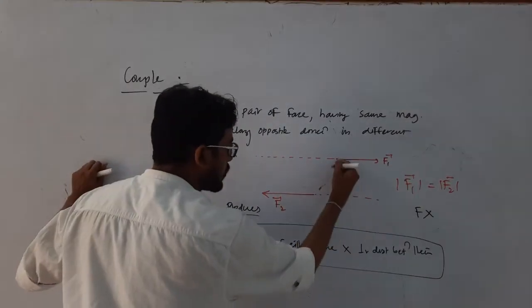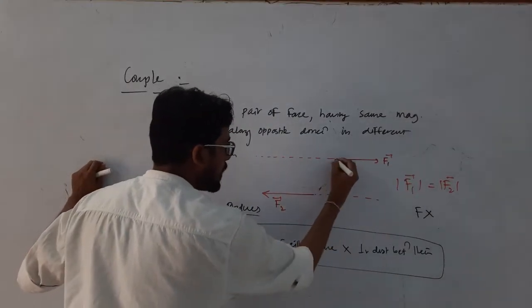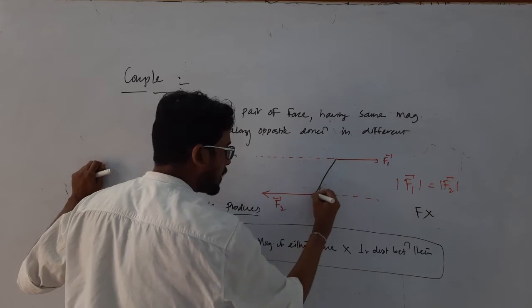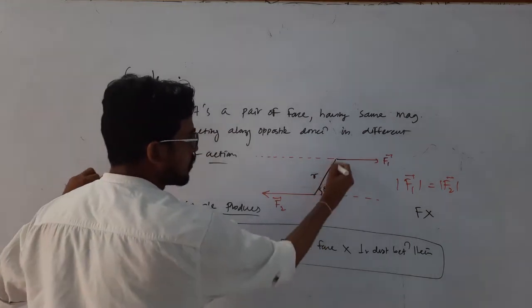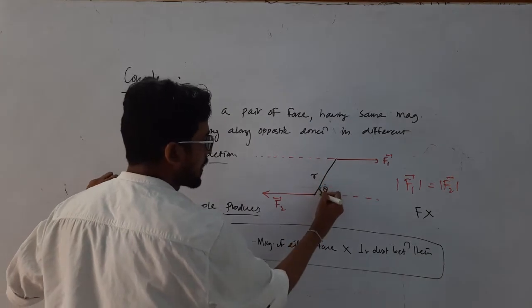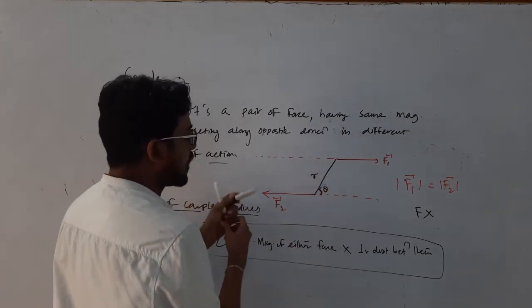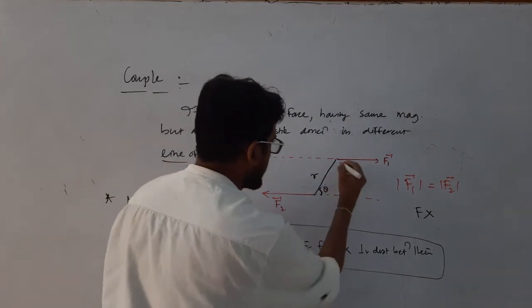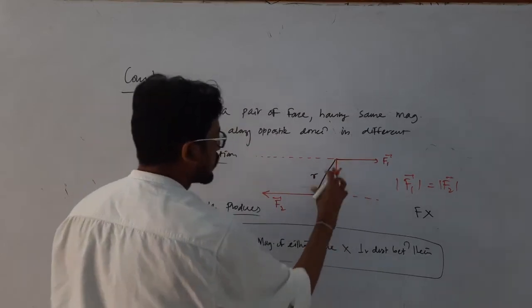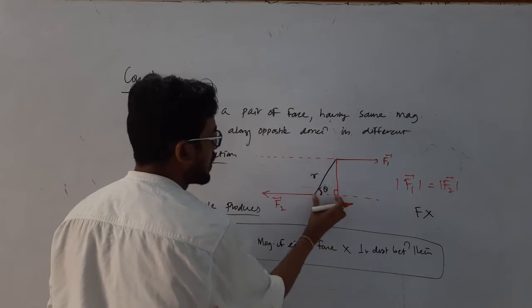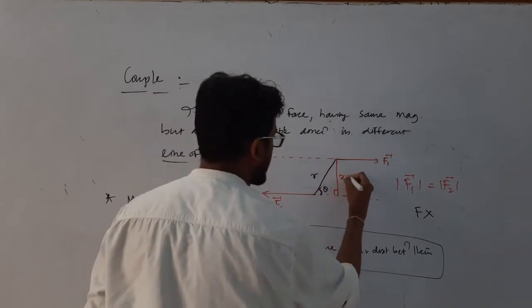If the distance between these two lines, or the points of action, be r, and this is the angle theta, then the perpendicular distance between them will be this one. This is 90 degrees. So if this is r, this angle will be theta, this will be r cos theta, and this will be r sin theta.